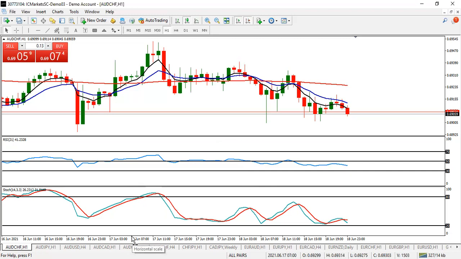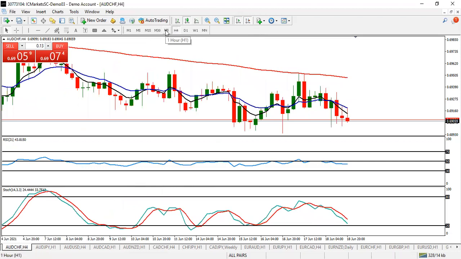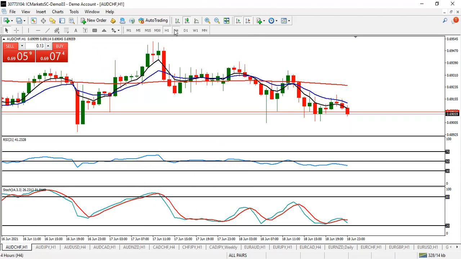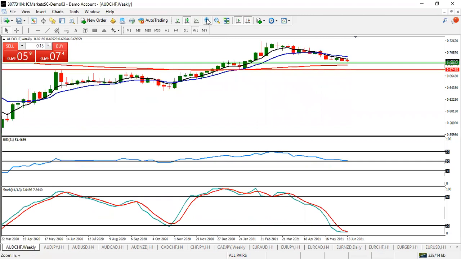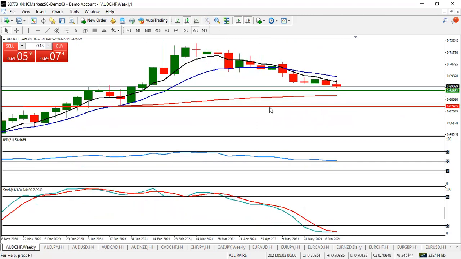AUD Swiss franc right now, we can see it is currently sell biased based on H1 and H4. Coming to weekly, we can see we have a weekly candle closed with a bearish candle. This tells us that the coming week we may still have some push down.